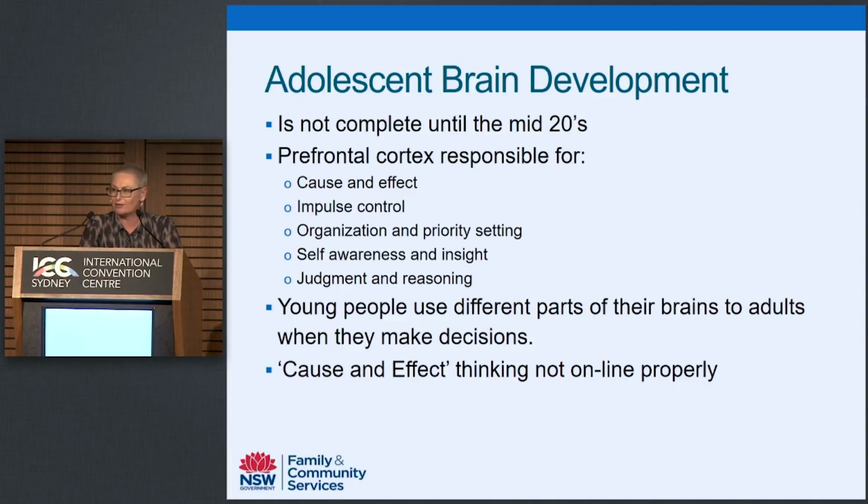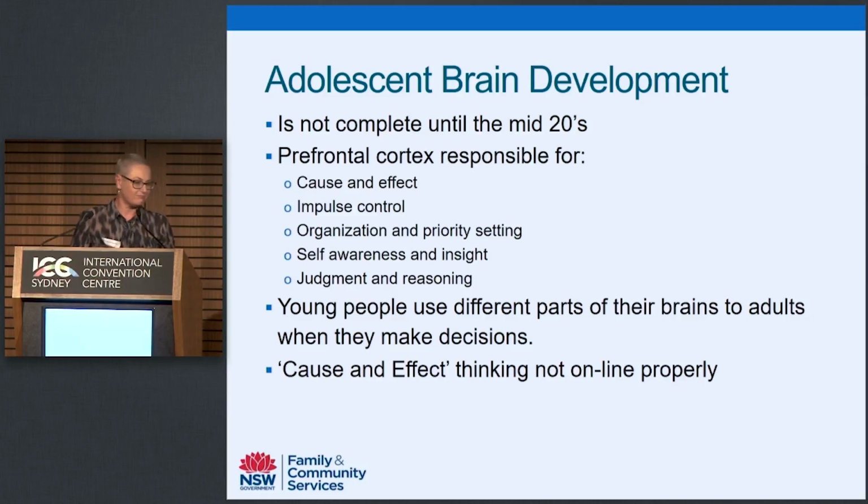And every now and then it's time to have a bit of a reflection and realise that it is our job, even when it's difficult, to actually be the people that help them figure this stuff out. And organisation and priority setting is probably something that I need to be a little bit more helpful with.